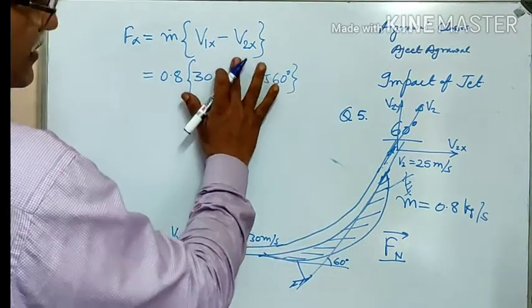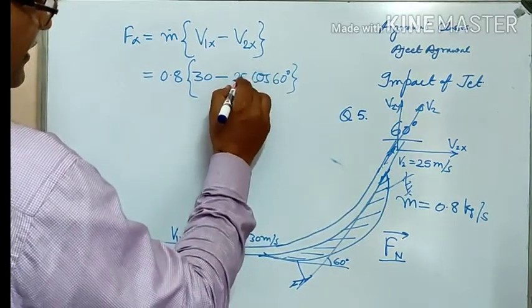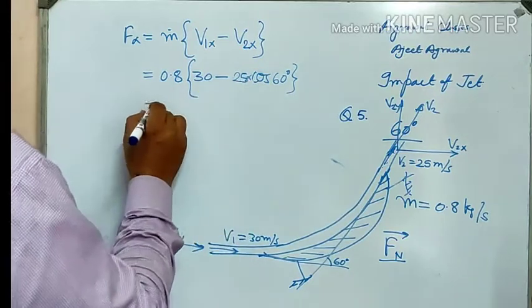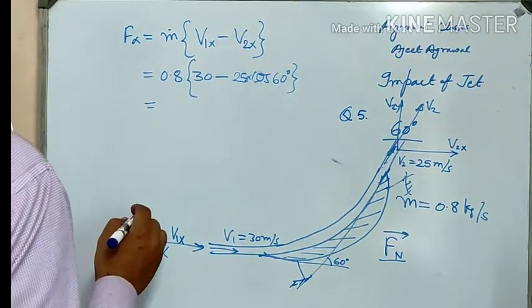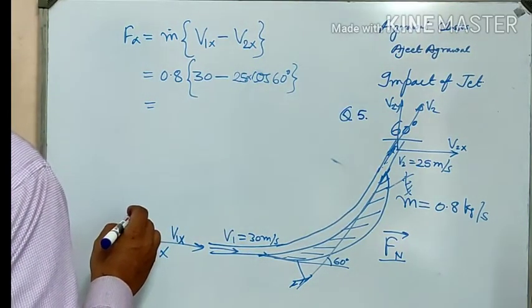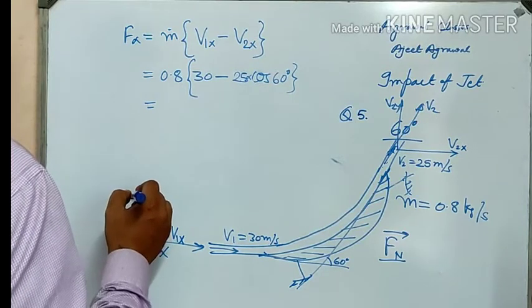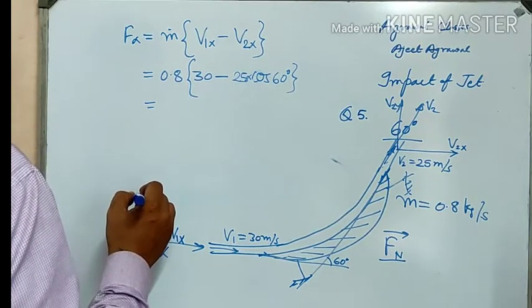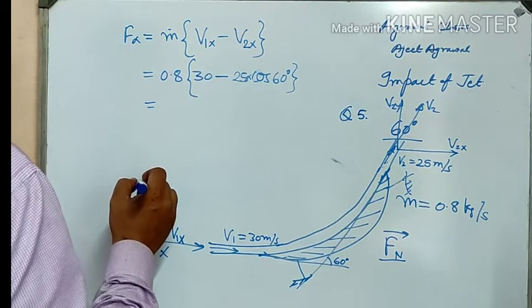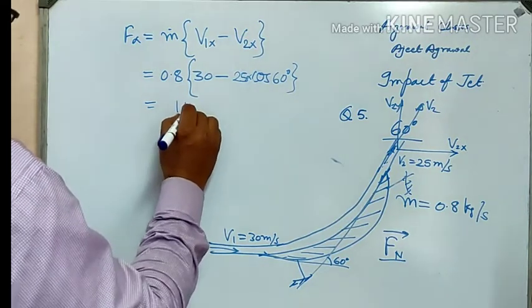V2 is given as 25 meters per second. So we calculate this. Fx comes out to be equal to 14 Newton.